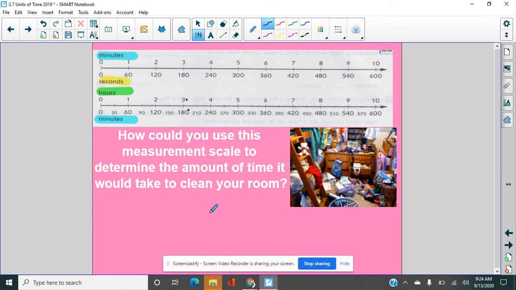What if your room was not too messy and it took you 480 seconds? That sounds like a lot, but if I look for 480 seconds, it's right here, and that is only 8 minutes. Woo! So if you have a super clean room, it might only take you 8 minutes to clean your room because you wouldn't have very many things to pick up.